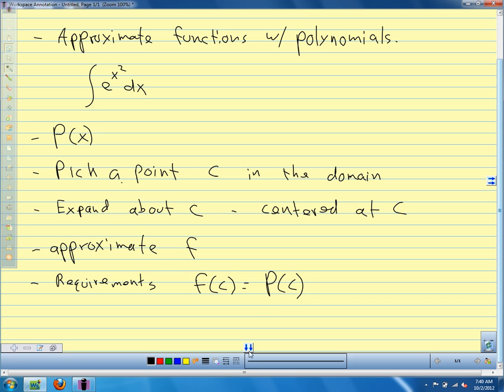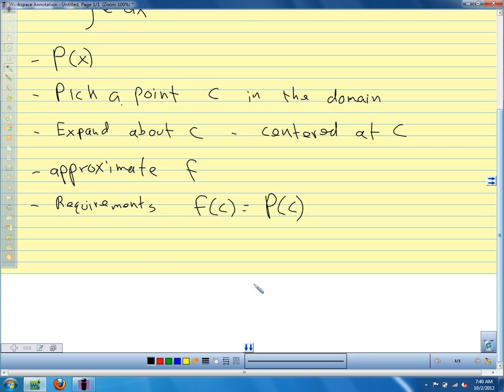And like I said in our explanation of what we're doing, we want our function to agree. We also want our first derivative to agree. So that's our second requirement for our polynomial. So f prime of c has to equal p prime at c.